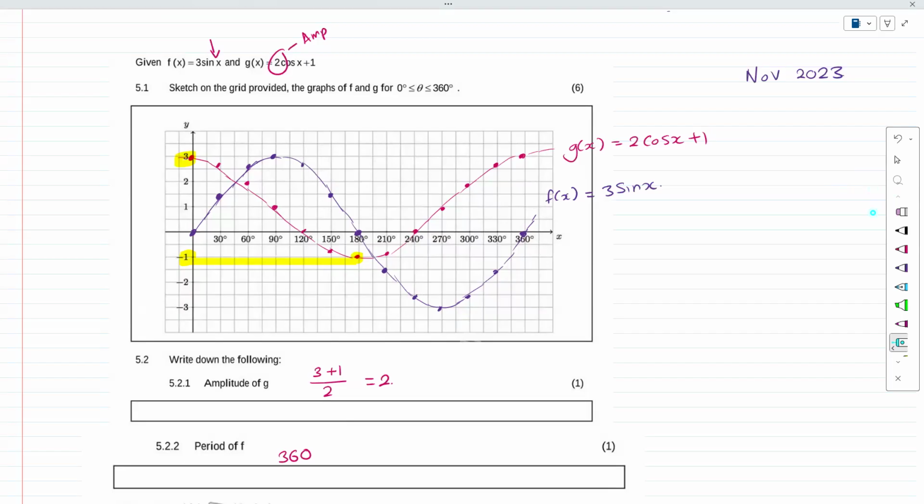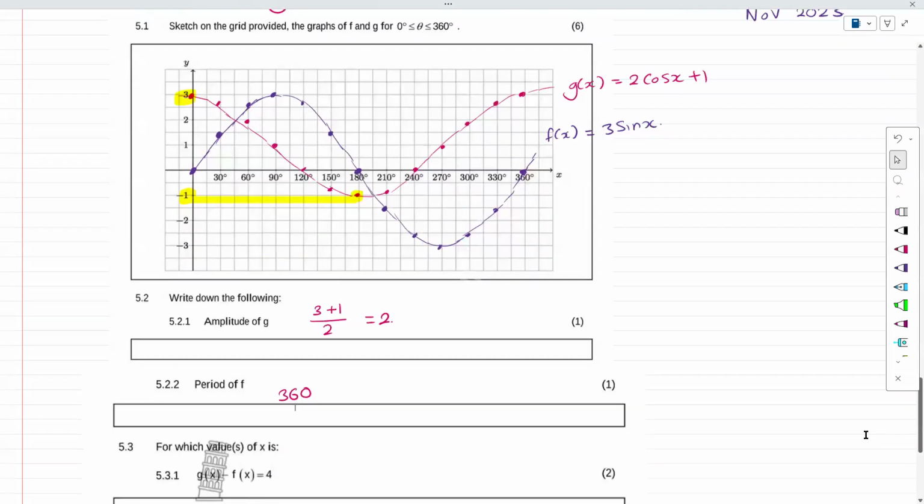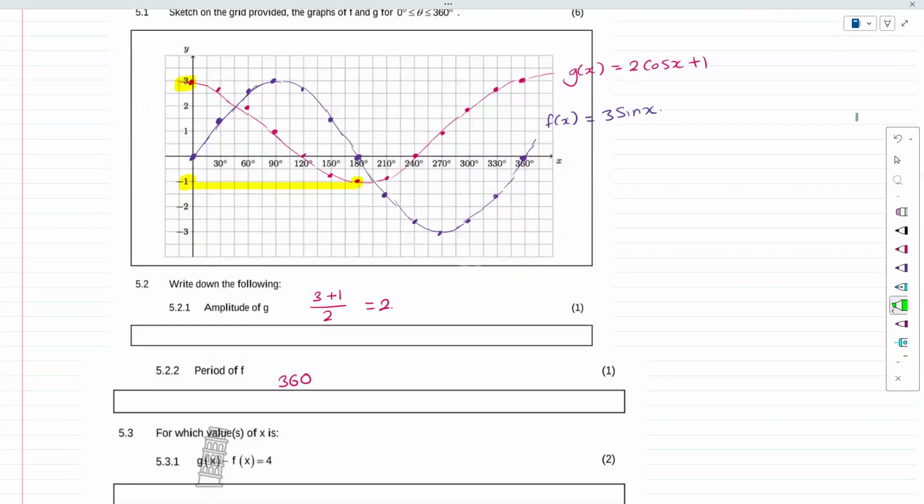Okay, no. Actually, the red graph is first. 270. Okay, I think I found it mistakenly. Well, I mean, it was on purpose, but if we look at this part of the graph, this is 1. If we look at this, this is minus 3.